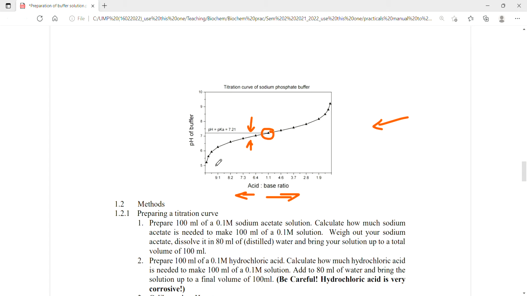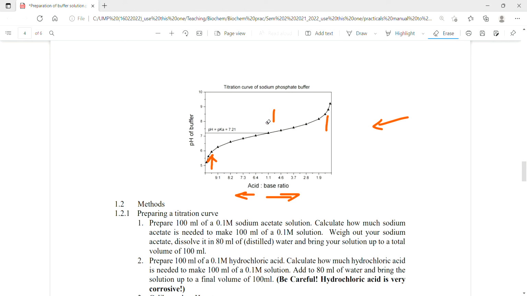In comparison, if you add hydrochloric acid here, it will immediately change the pH to a bigger extent than somewhere close to its pKa value. The same goes if you add NaOH: the change will be much lesser here compared to elsewhere on the curve, where it changes much faster. So that's the meaning.